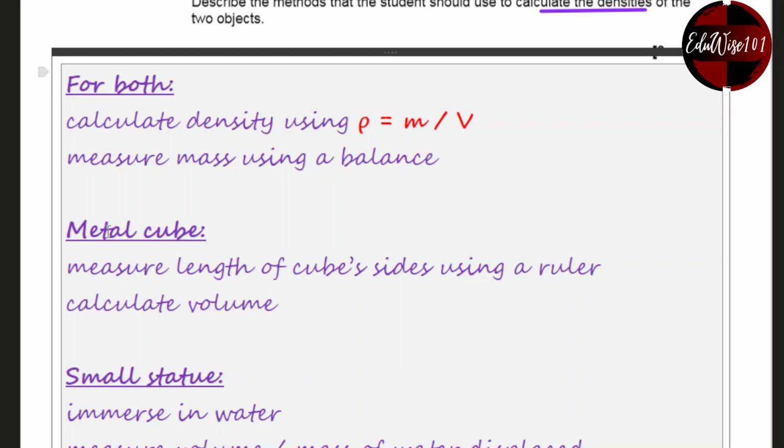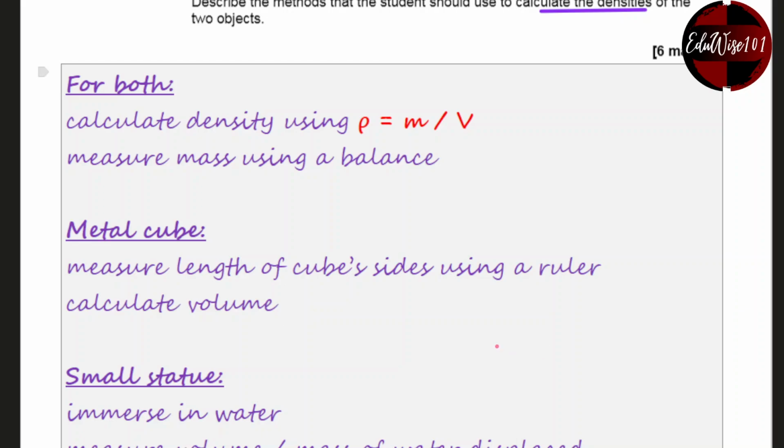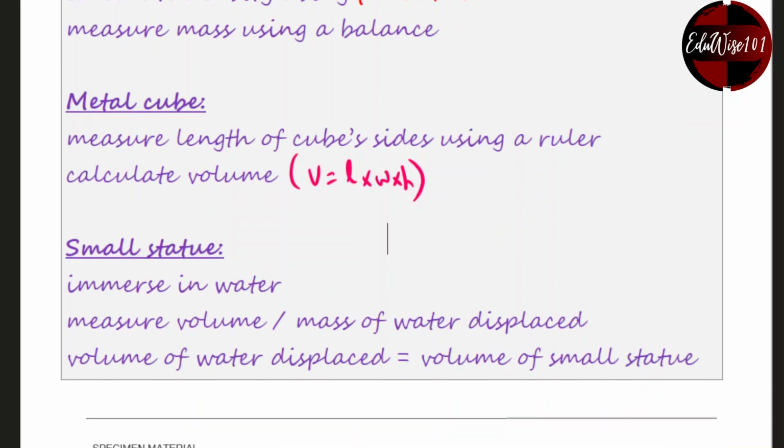For the metal cube, measure length of cube's sides using a ruler and then calculate the volume. And you could say volume equals length times width times the height. Give the equation. And for the small statue, immerse in water.